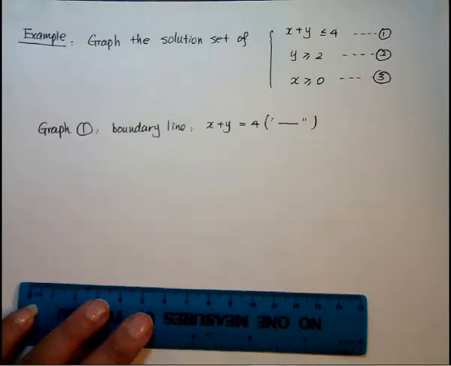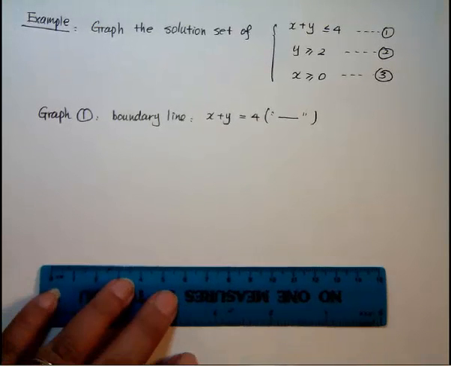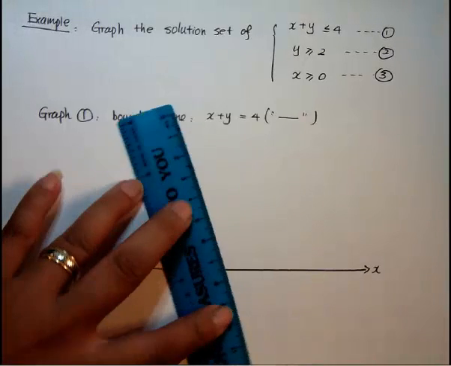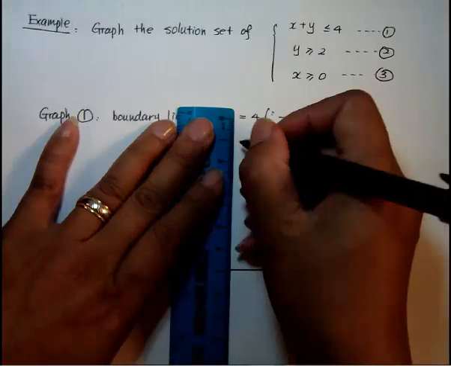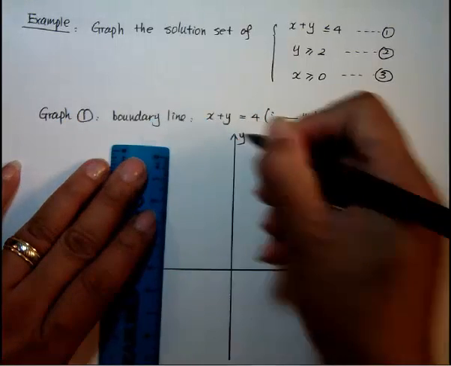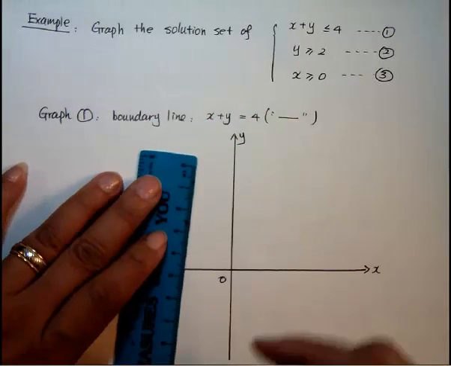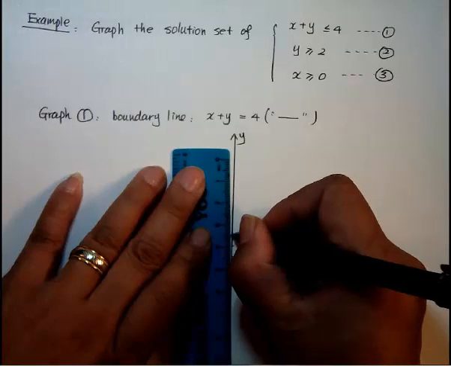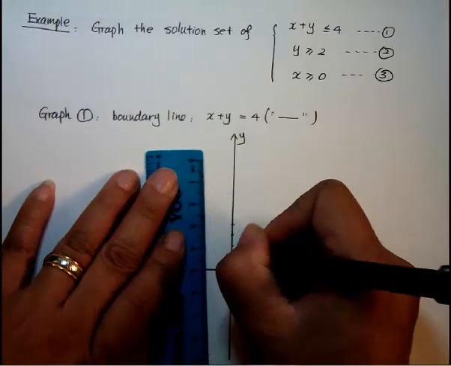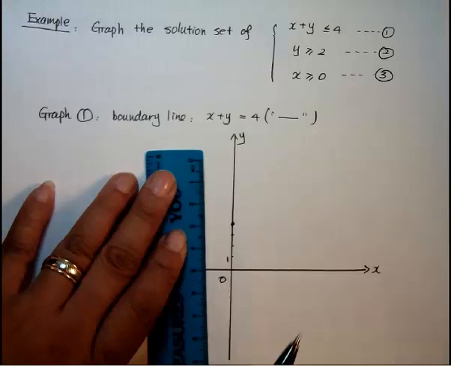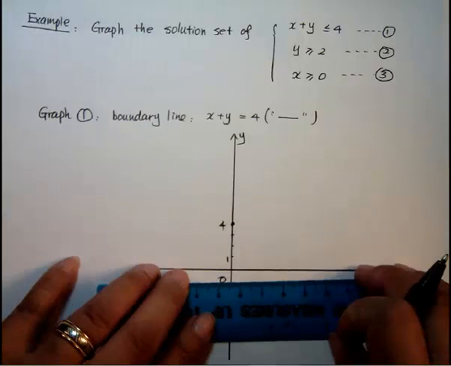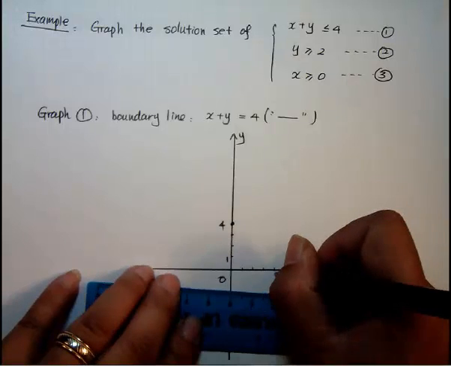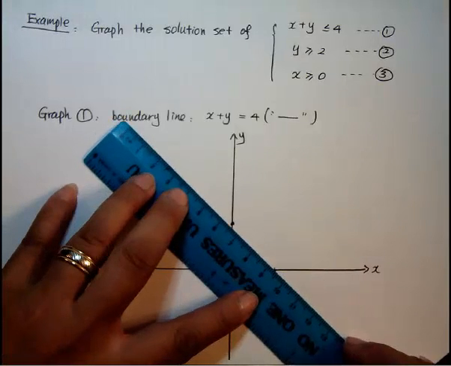Alright. I'm going to use black for this part. X and y axis. And when x equals 0, y equals 4. So that's the point. When y equals 0, x also equals 4. It's a solid line, right?